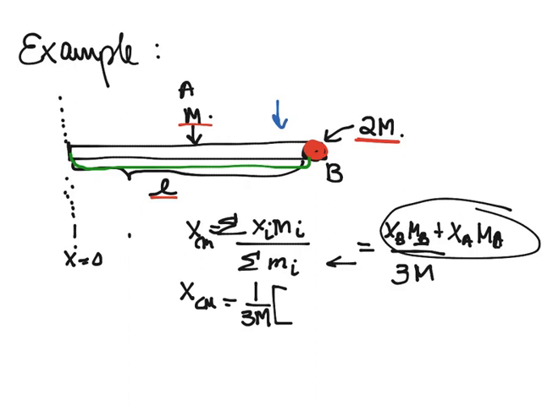So I have L. My m_B is going to be 2M. I already know the meter stick's center of mass is going to be in the middle, kind of where you would feel its weight, and that's at L over 2, so I have L over 2 times the meter stick's mass, which is just M.